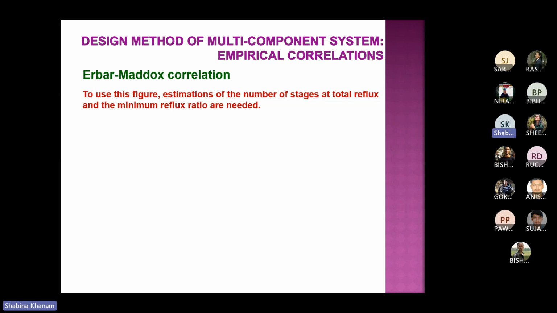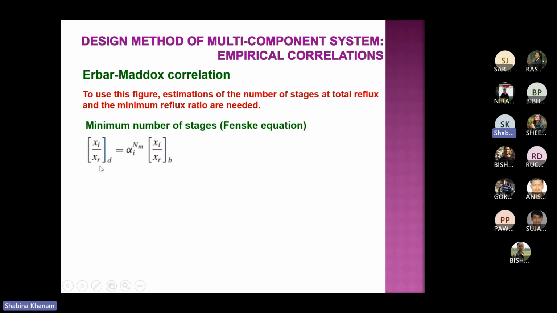And you must have read that when total reflux condition is there, the number of trays you can identify by using a very common, very well known expression, and that we call Fenske's equation, for the minimum number of stages at total reflux condition. So in Fenske's equation, xi by xr, that is, if we are considering a multi-component system, should be light key and heavy key.